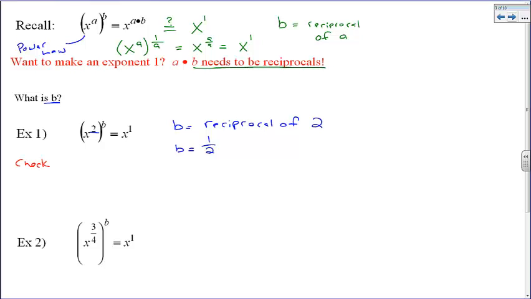If I raise x to the second to the 1/2 power, I see that the power law allows me to come up with a result of x to the 2/2 power when I've simplified, or simply x to the 1, which is what I am looking for.